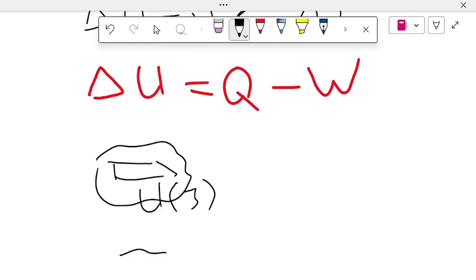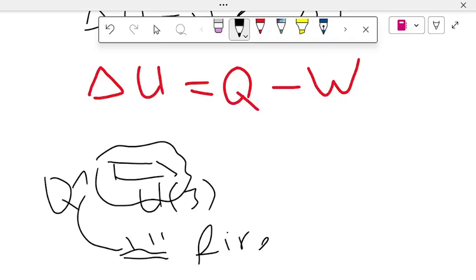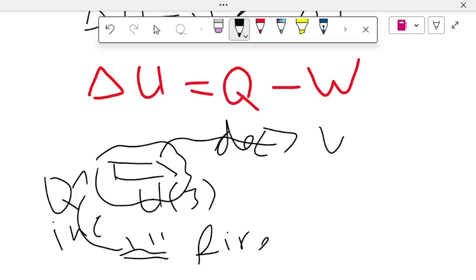So I have here fire that gives heat, and the energy increases with heat and decreases with mechanical work, the work that the system can make.